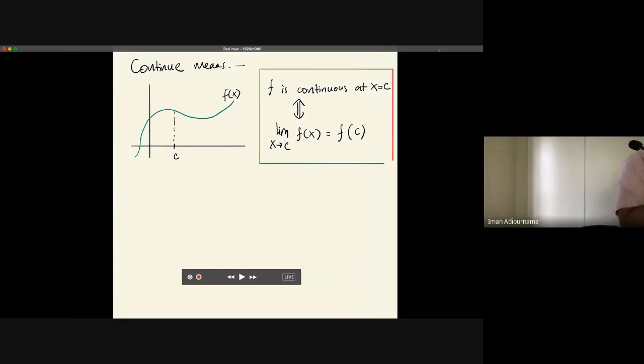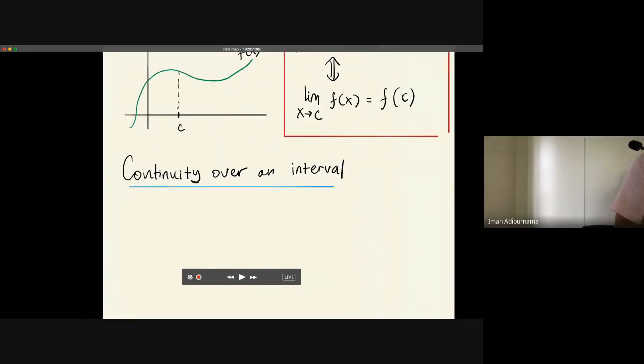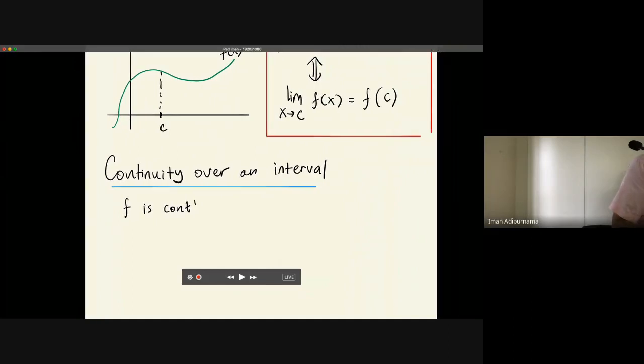And then the other part is if you have some interval. So continuity over an interval. So f is continuous, I will just write continuous like this to make it simpler, over some open interval (a, b).